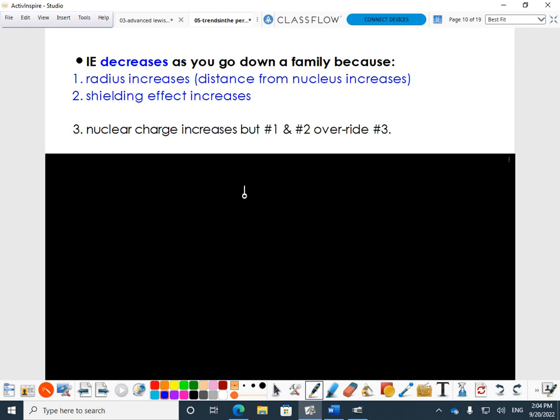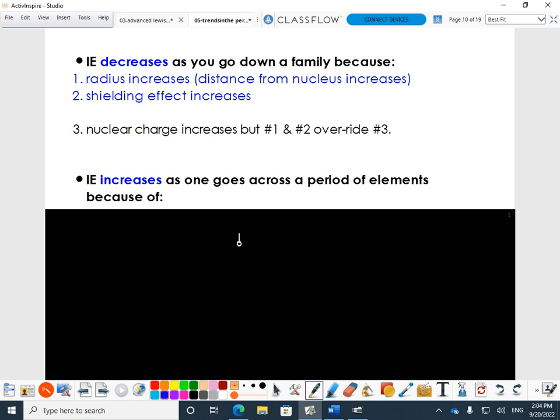Sodium and chlorine, and they are on opposite sides of the periodic table. So metals or non-metals are on the right-hand side. So the farther to the right, you wouldn't even think of elements as losing electrons. So that sort of thinking can help you check your answer as well. So it increases as you go across.